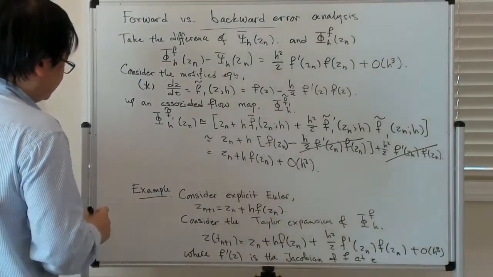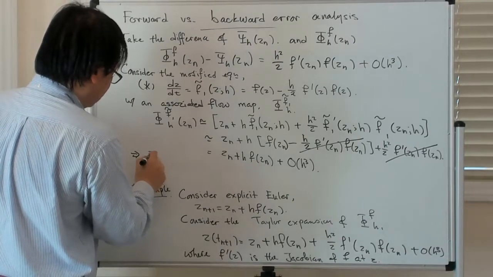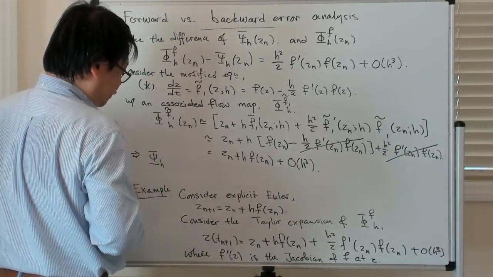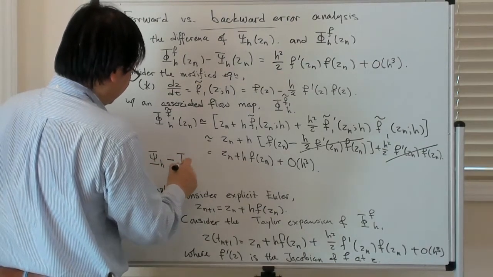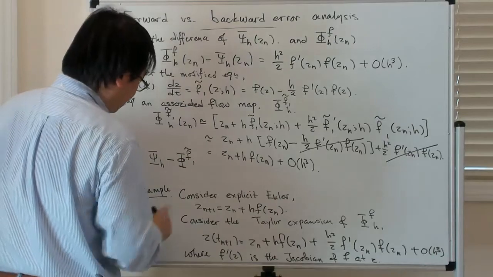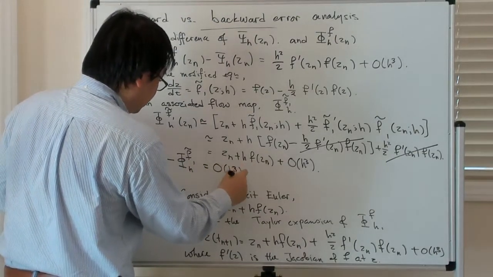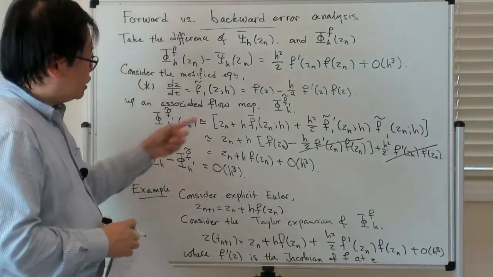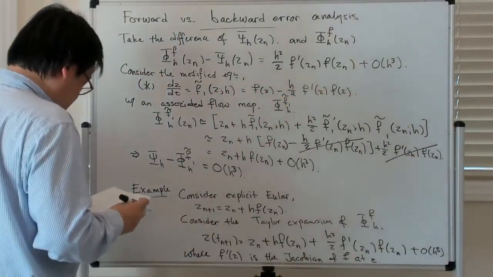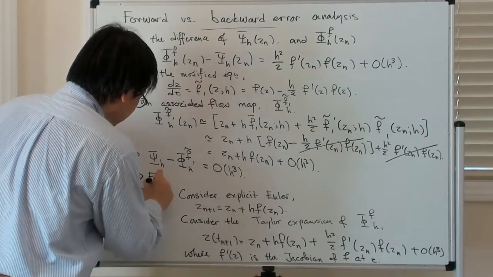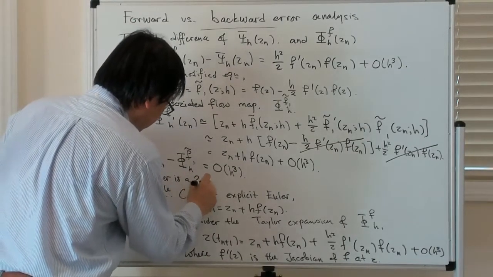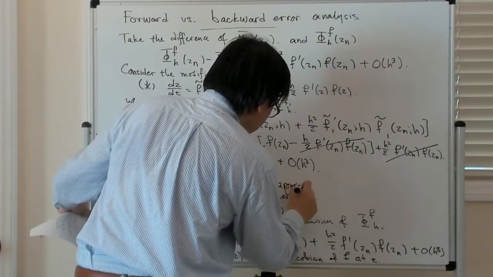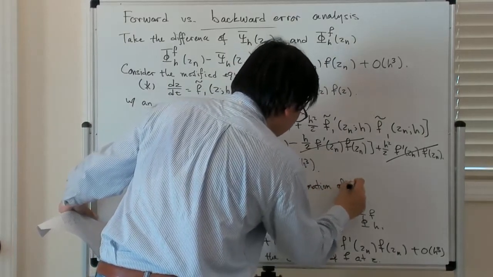So this tells you that the Euler method applied to the vector field f is a better approximation of this modified vector field f tilde 1, because now the local error is of order h cubed, which means that the Euler method is a second order accurate approximation of this modified vector field.